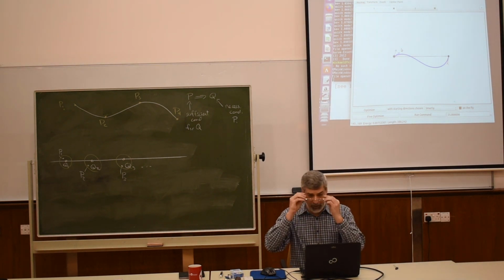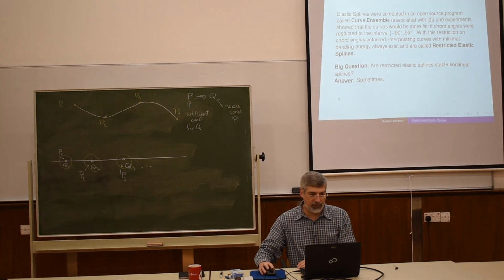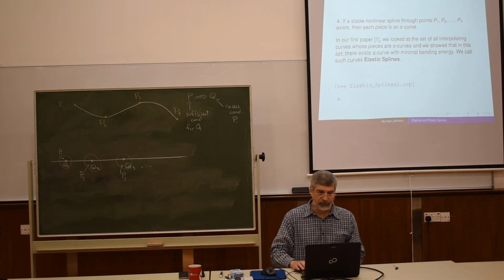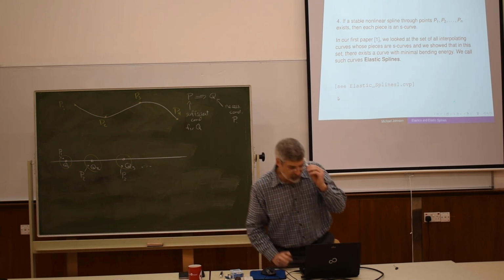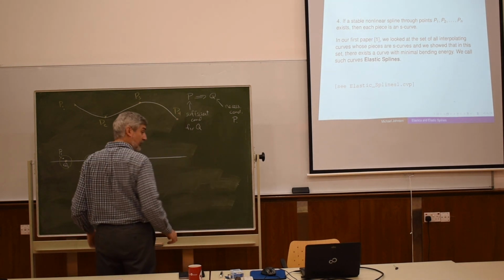And so we were able to prove that for any U and V, there are some restrictions, not every U and V, but for most U and V, there exists an S-curve that has minimal bending energy, and you can see them here. So it turns out that if you look at this collection, we have notation for it.